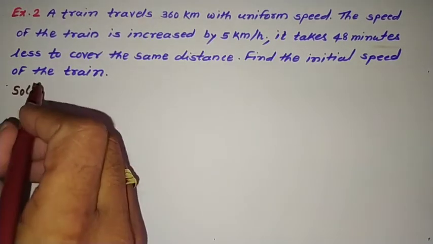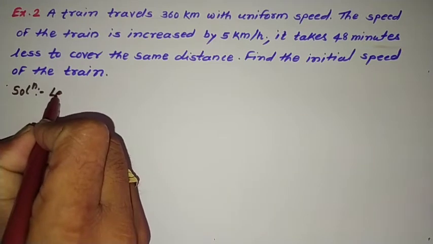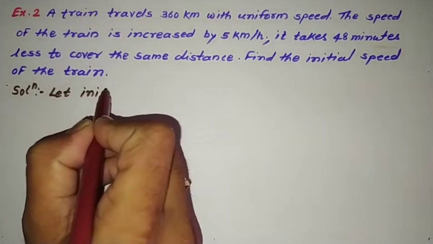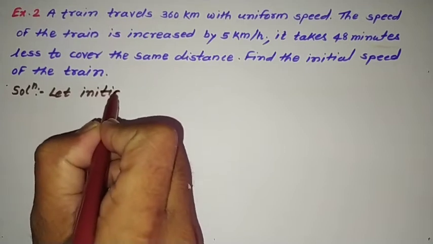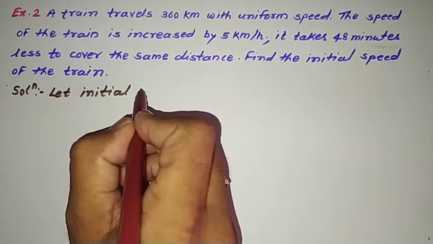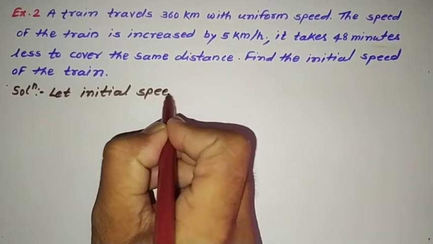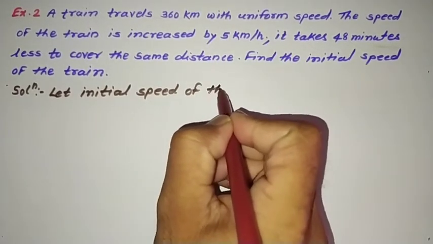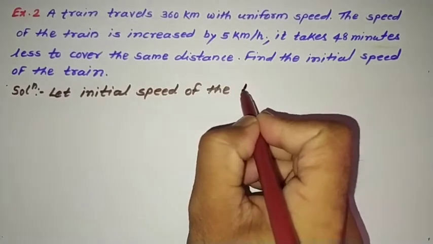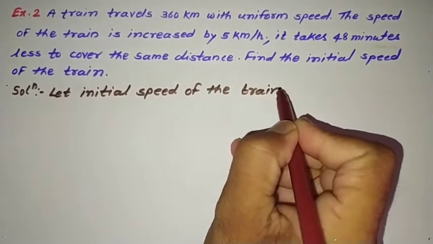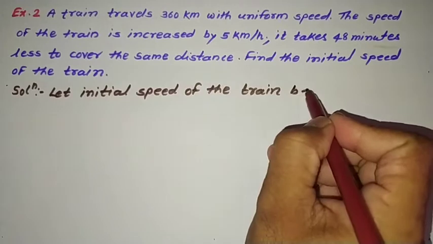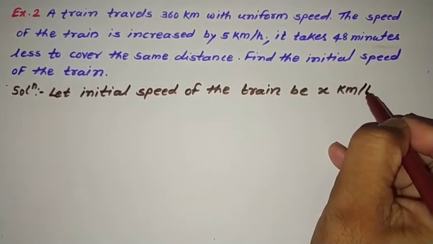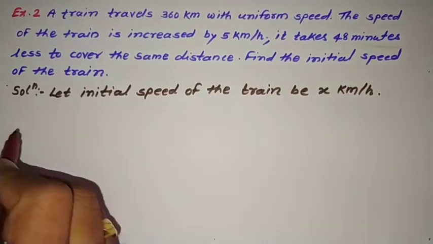First, let the initial speed of the train be x km per hour.